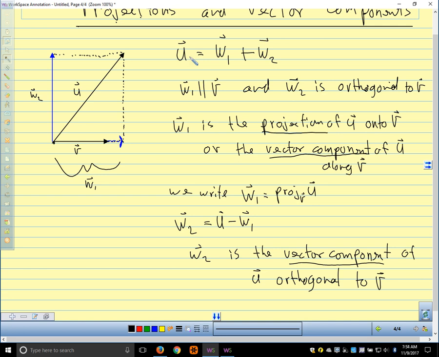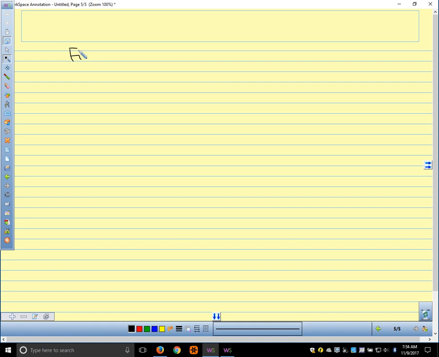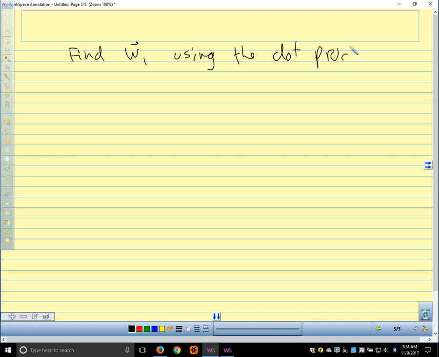Didn't we just talk about this idea? Yes. Isn't that related to the dot product? That quantity of u in the direction of v? We find it using the dot product. So we find W1 using the dot product. Really, any time that we're interested in how much of a vector is in the direction of another vector, that's going to be a dot product process.